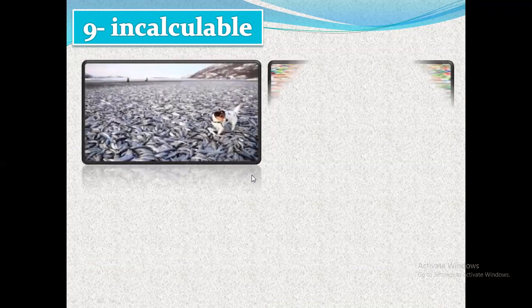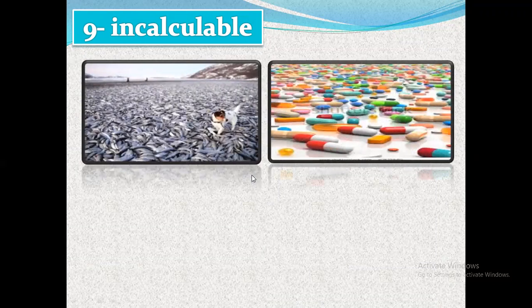So the new word, as we can see here in the two pictures, is incalculable. If you remember the word calculate, before we discuss it, can you count all these things here? Of course not. So you are not able to count, like uncountable.